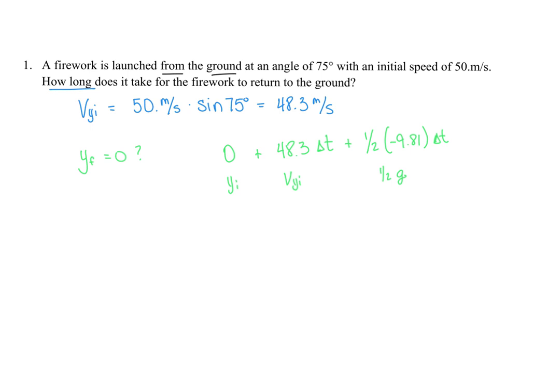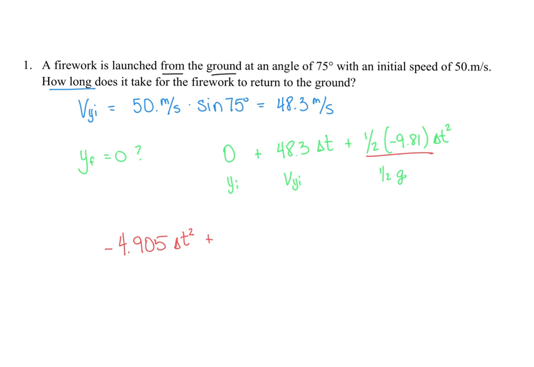So over and over and over, you're going to see this, which means I rewrite these. When I write these down, this always works out to negative 4.905, okay? So I'm going to rewrite these in standard form. I'm going to write my squared first, but I'm going to go ahead and multiply that 1/2 and that gravity, and that's time squared.